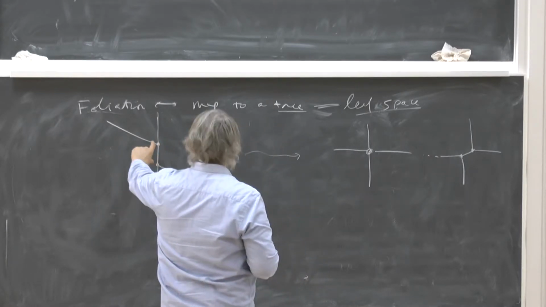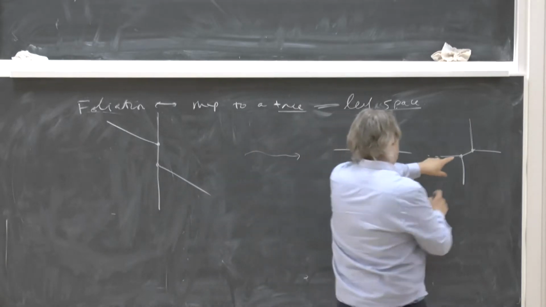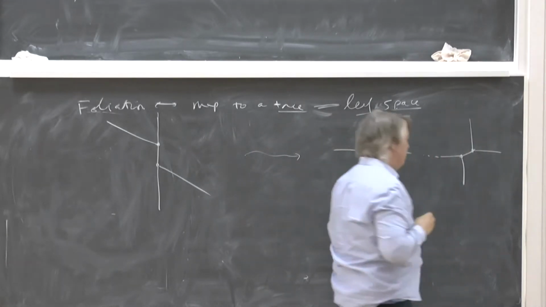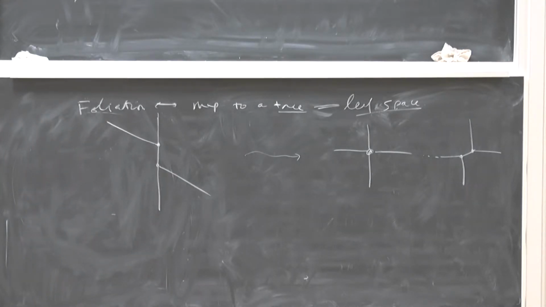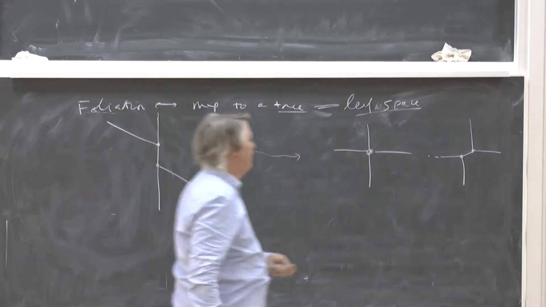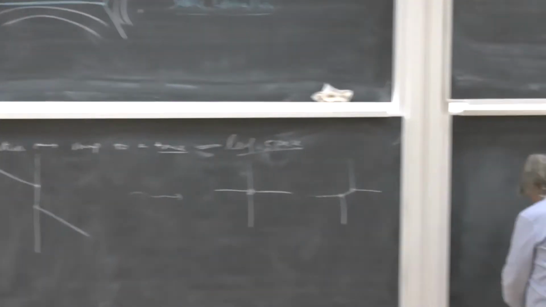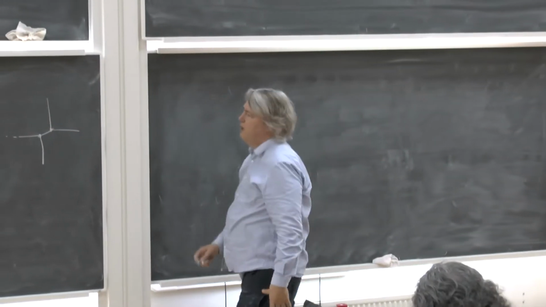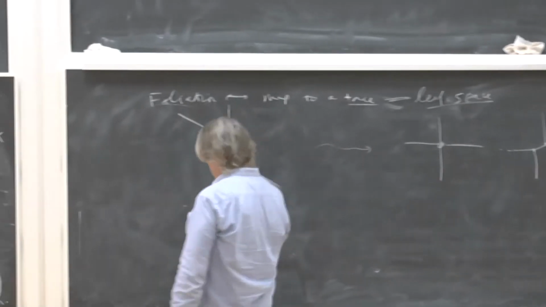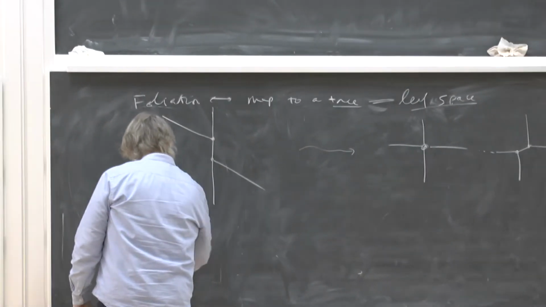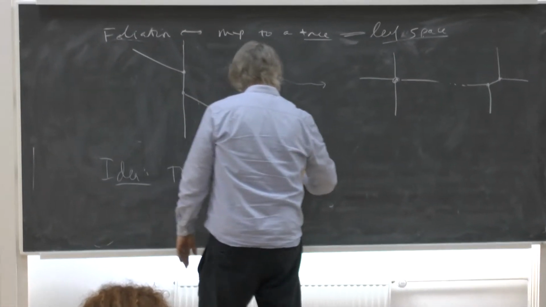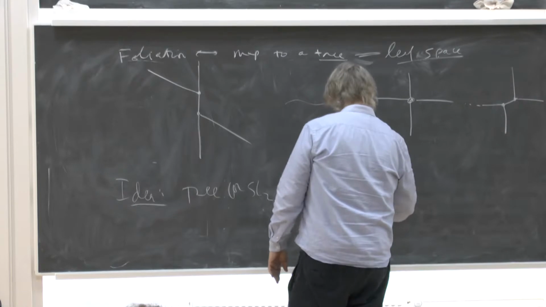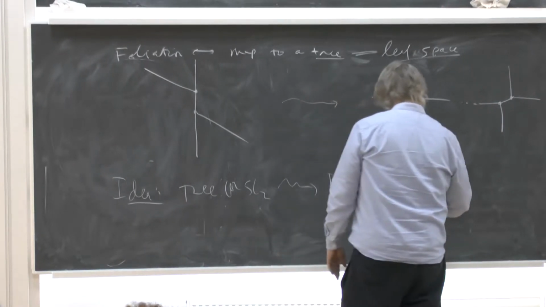So the point is that these two guys come together, and if you think about the picture in the other direction, it's going to go like that. Judging from this picture, we decided to do another project, which is the idea that a tree for SL2 is going to correspond to some kind of building for SL_r.